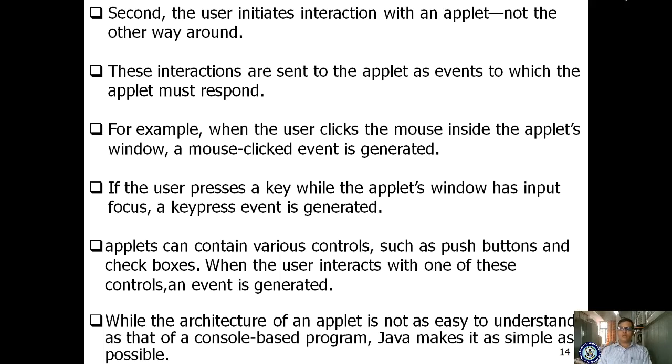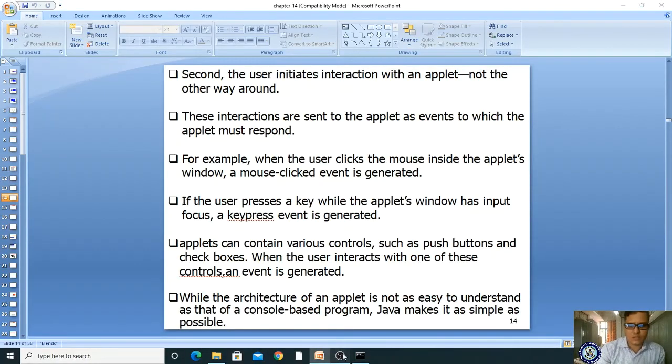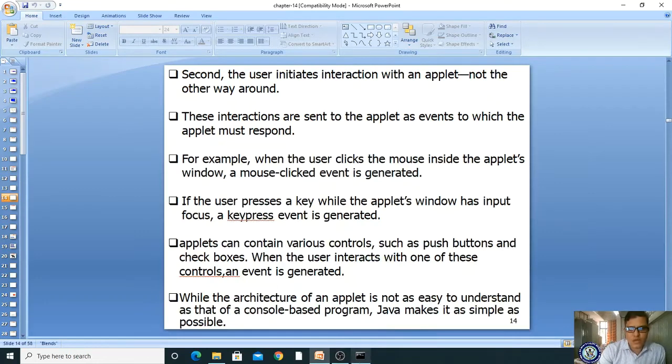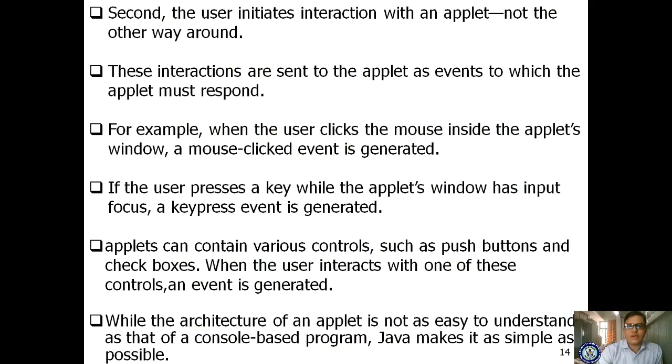Whenever the user interacts with the mouse, some click events will happen, so related to that click, certain events have to be generated. If the user presses a key while the applet window has input focus, a key press event is generated.